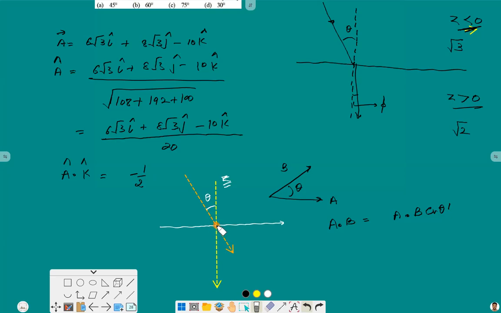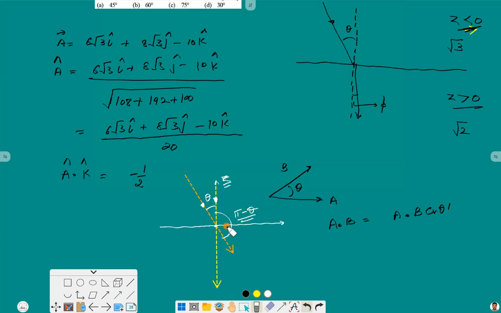But at this point, when we are taking theta, either both of the axes should be going outside, or both of the directions should be the same, either coming in or going outside. At this point z is going downward, and here it is going like this, and here both are going downward also. So the angle which we will be taking here in the dot product will not be theta, it will be this one, that will be pi minus theta.